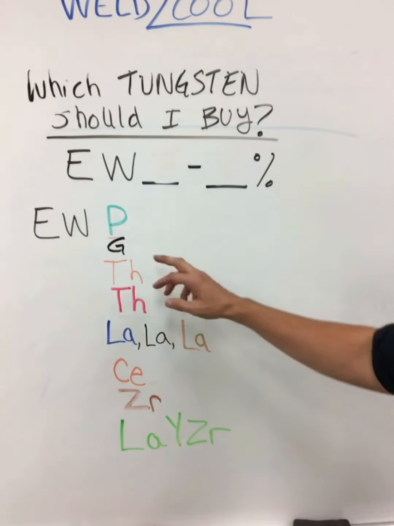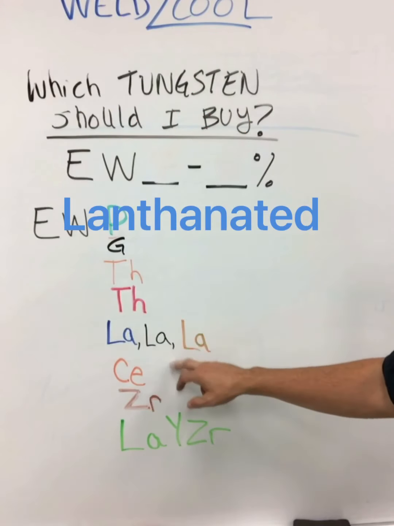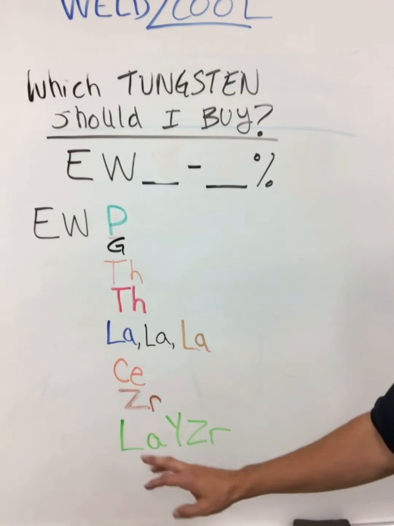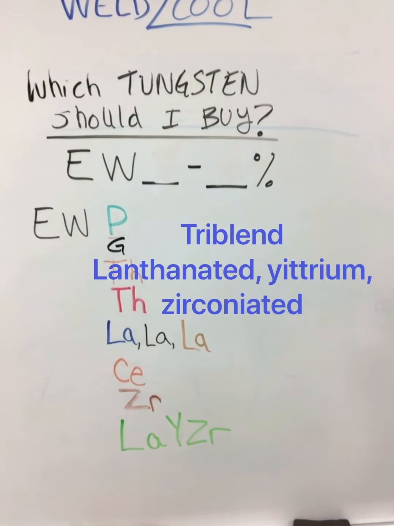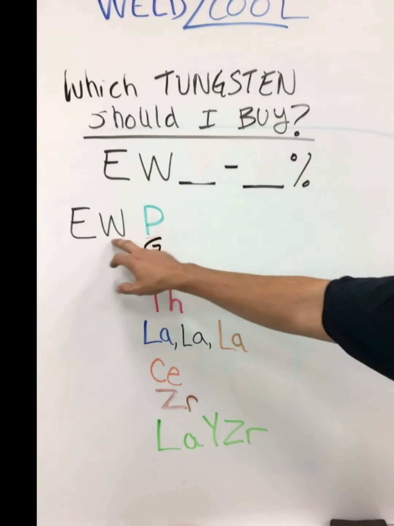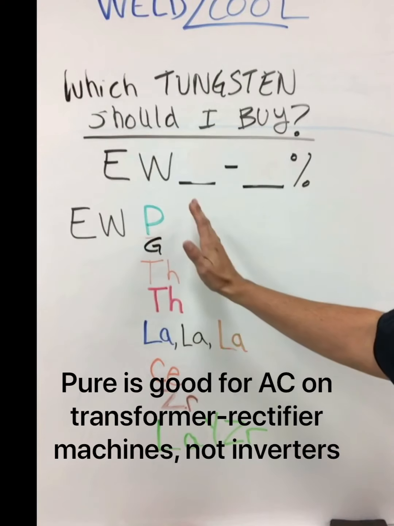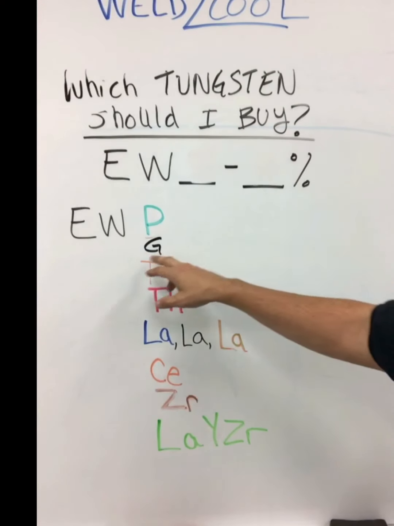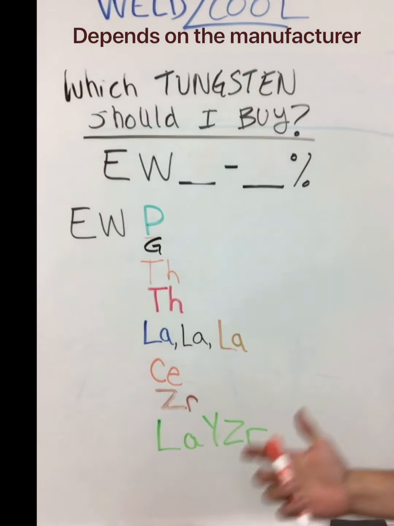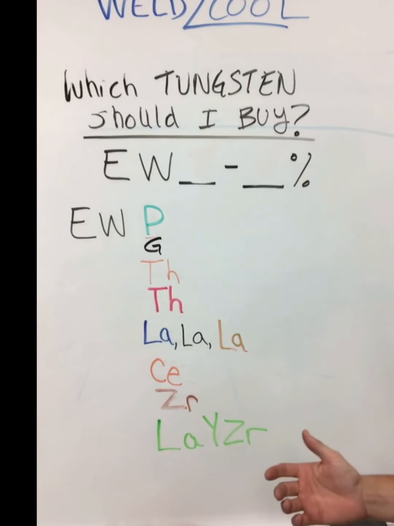That oxide could be thorium, lanthanum, cerium, zirconium. This is the triple blend, which is the lanthanum, yttrium, and zirconium blend. If we see an EWP, that is pure, you won't see anything past it. If you see EWG, it's just a general classification for tungsten, okay?